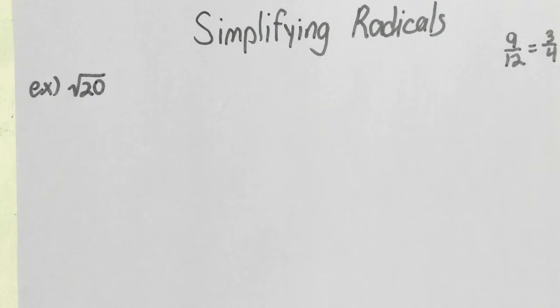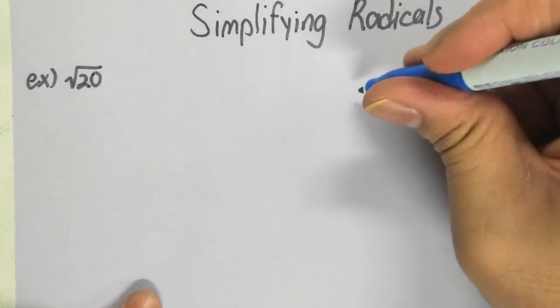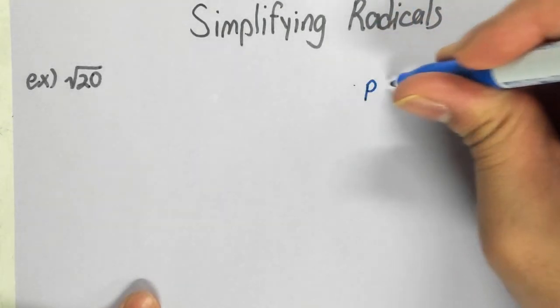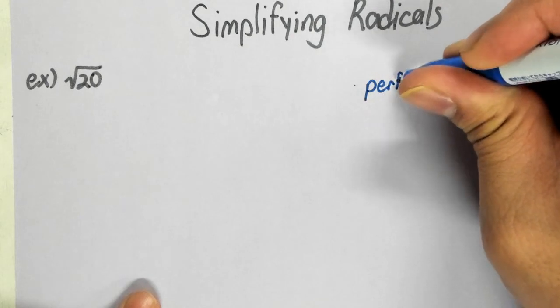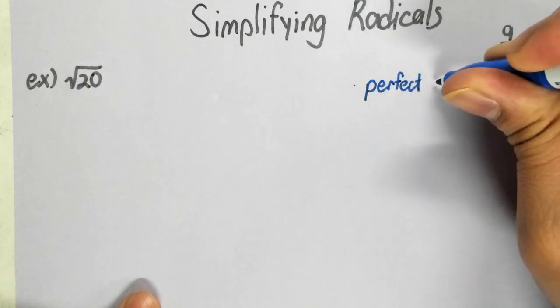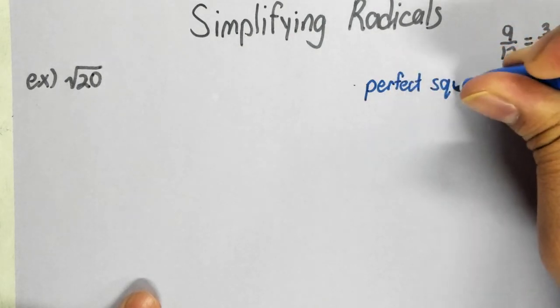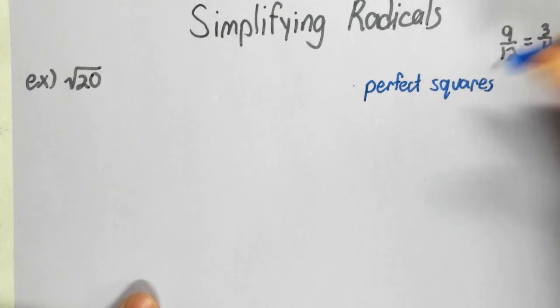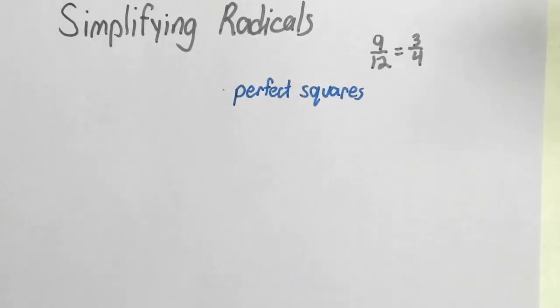Before I start this, let's go over what we call our perfect squares. Because radicals use square root, and the opposite of square root is squared, we need to take a look at perfect squares. This will help us with simplifying radicals.